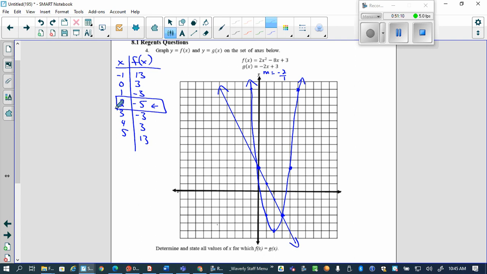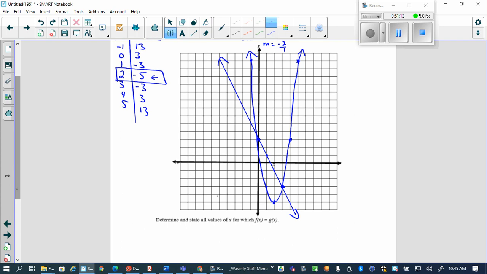All right, so what are the coordinates of where the two functions are equal? Right here at 0, 3, and where else? 3, -3.